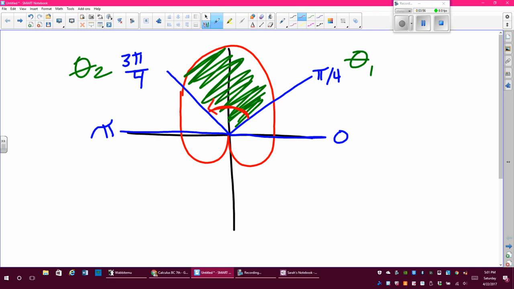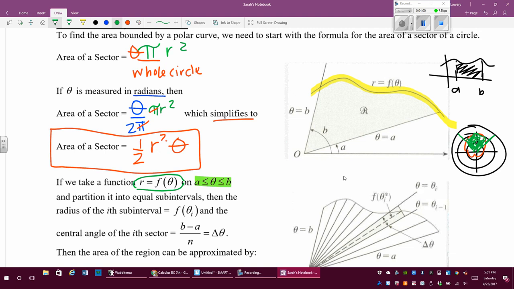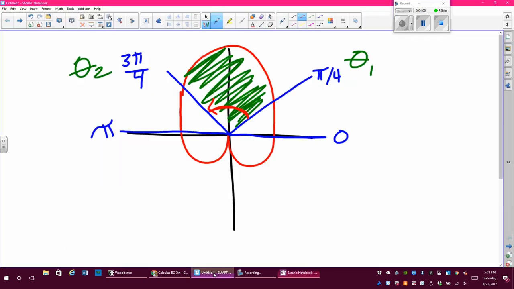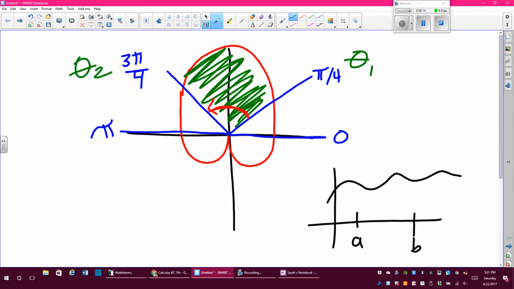Okay, so now back to our notes. We're taking this from theta 1 to theta 2. Now in our Riemann sum land, when we found the area of a rectangular function, from A to B of some function, we would partition this into infinitely many rectangles, and we found the Riemann sum of those rectangles, making our subintervals infinitesimally small.